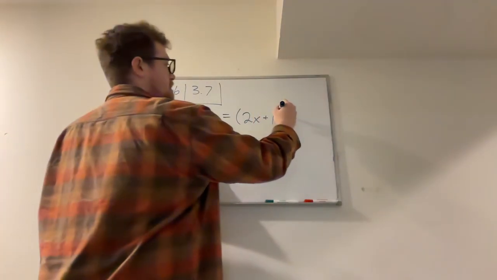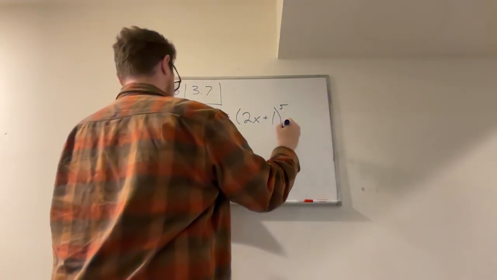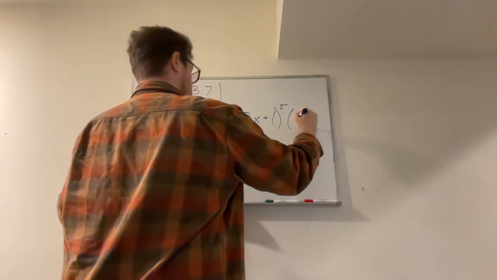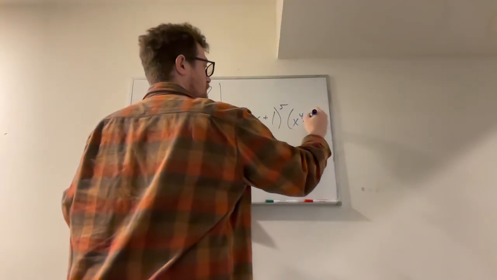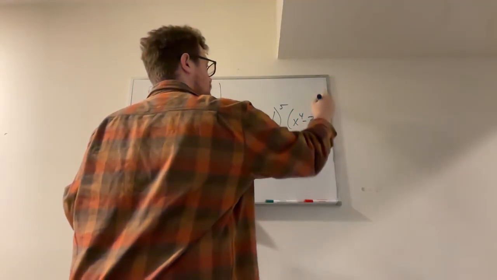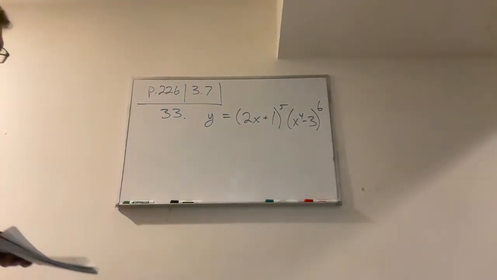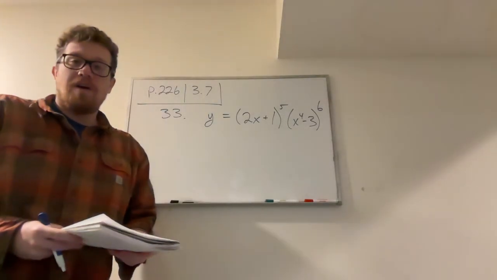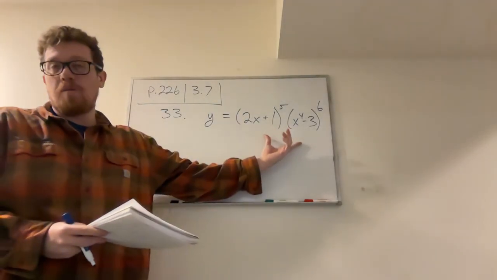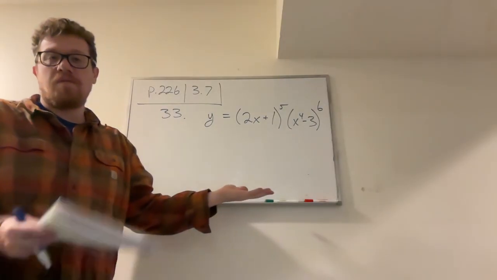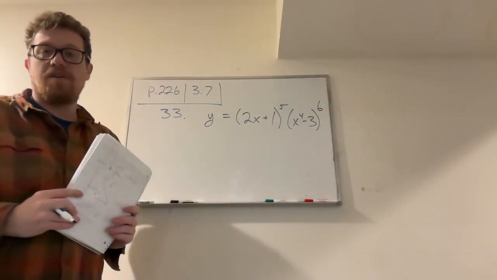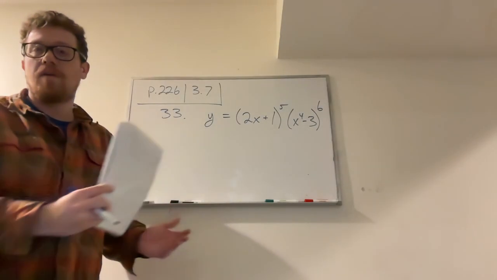So this is (2x plus 1) to the 5th power times (x to the 4th minus 3) to the 6th. Of course, this is just a polynomial, so we could use the power rule on each term individually, since it's a sum of monomials.